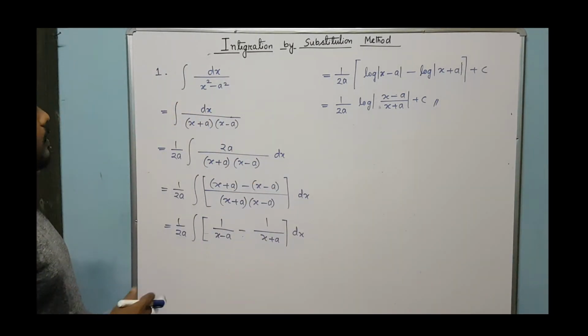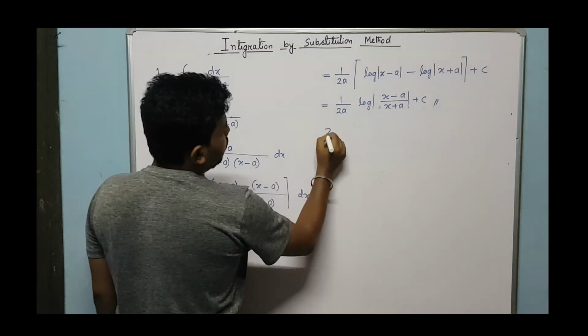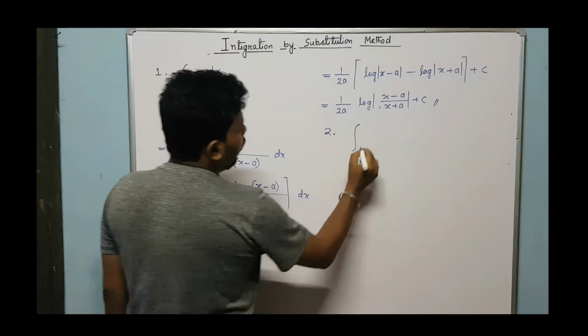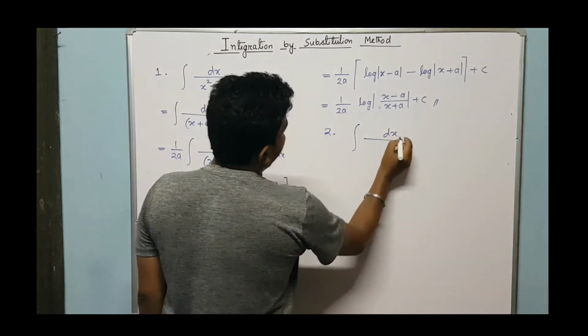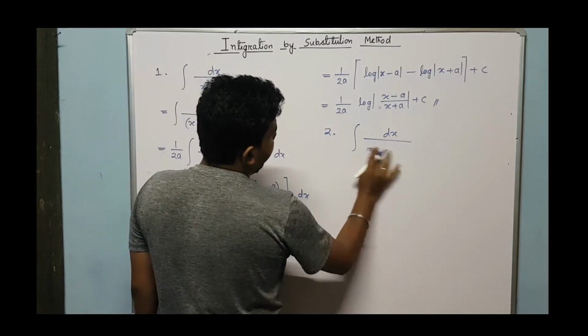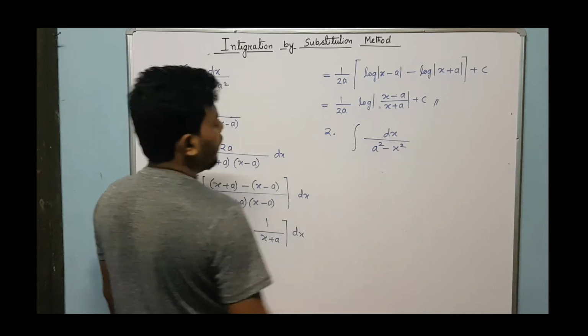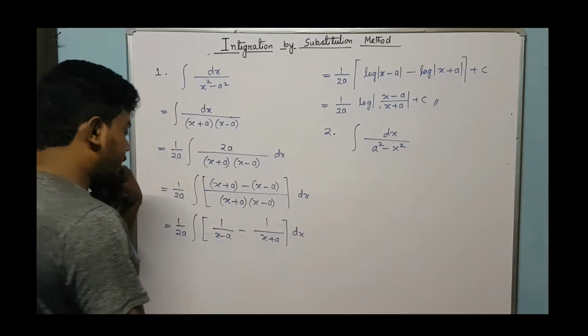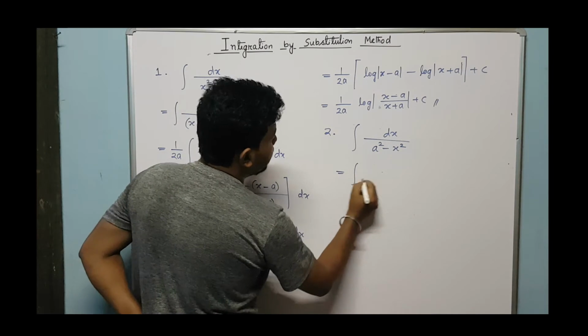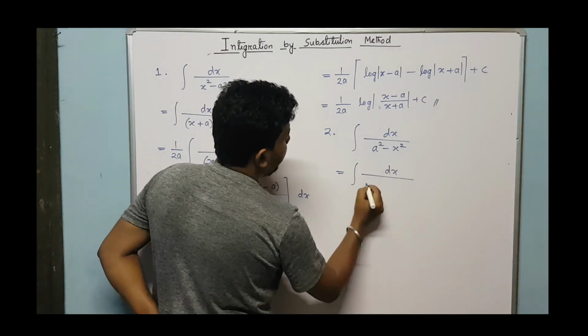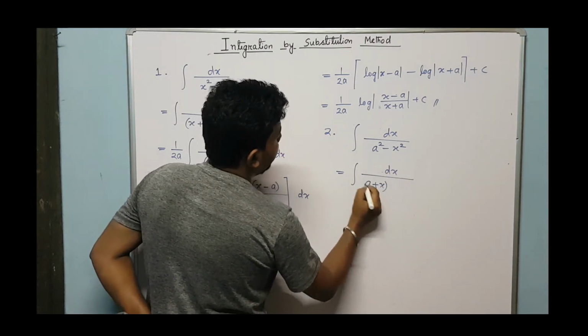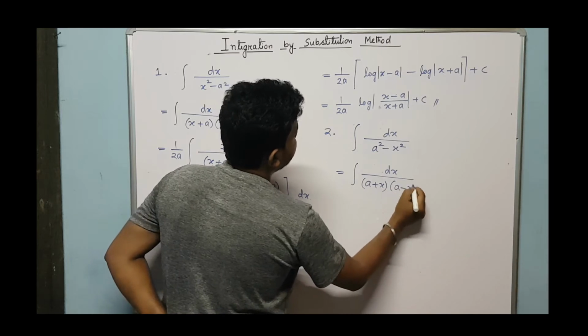Now let's solve number 2. Integration of dx by a square minus x square. Again, if I factorize it, I will get dx by a plus x into a minus x.